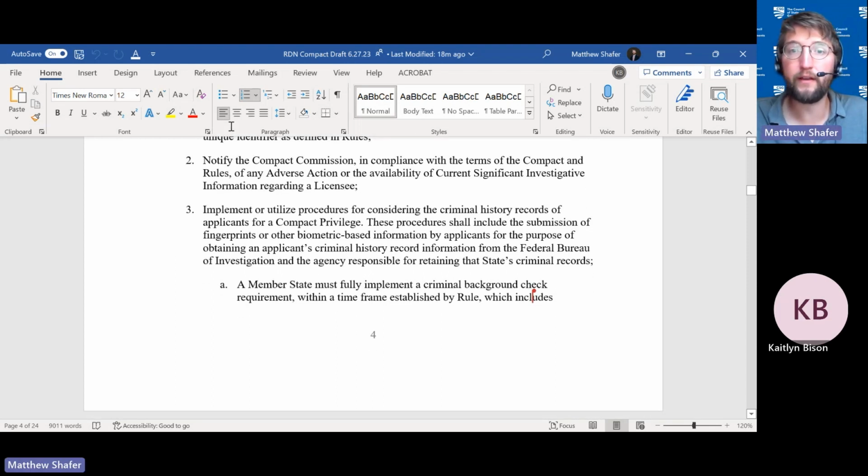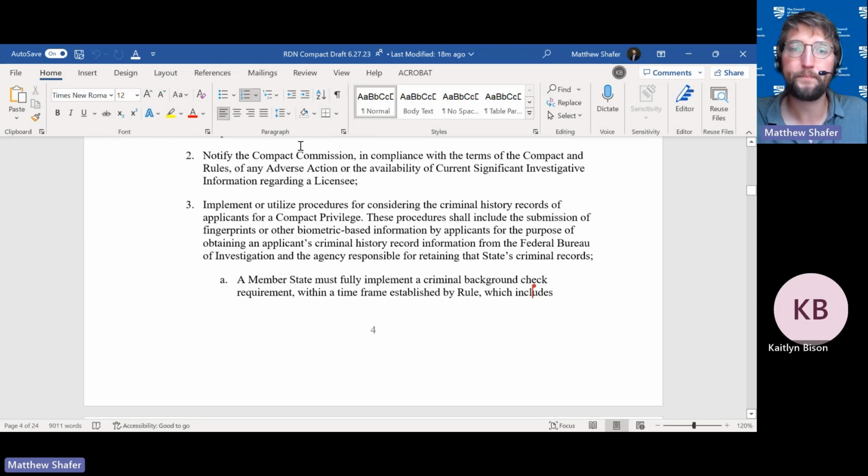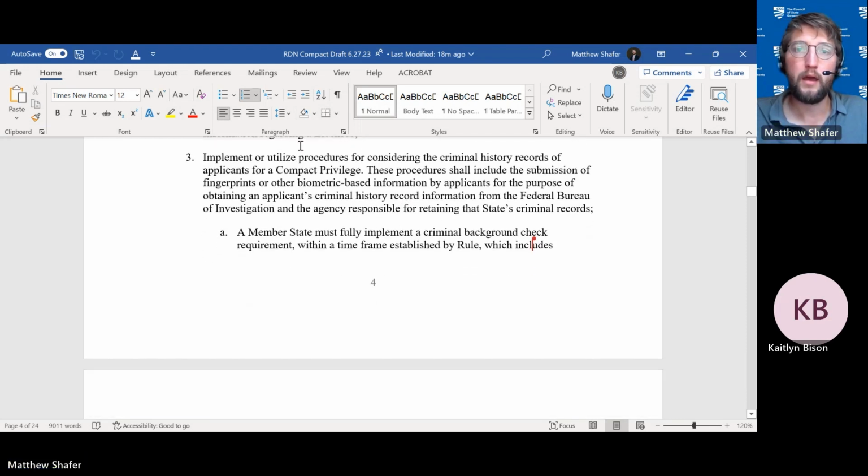They have to notify the compact commission when an adverse action is taken or there is significant investigative information available regarding a licensee. The state has to implement a procedure for considering the criminal history of applicants for a compact privilege. So this typically is an FBI fingerprint background check.